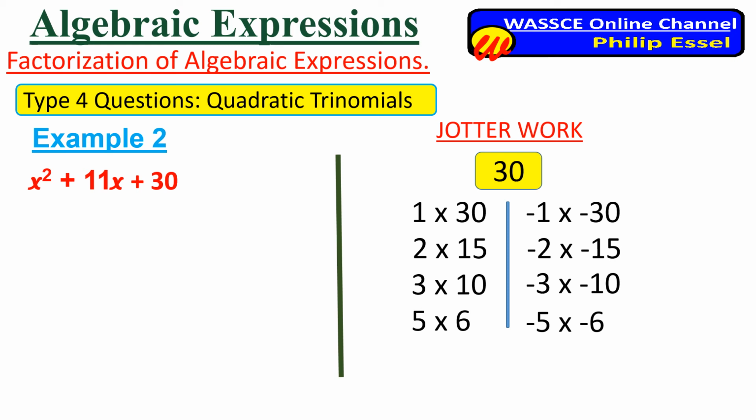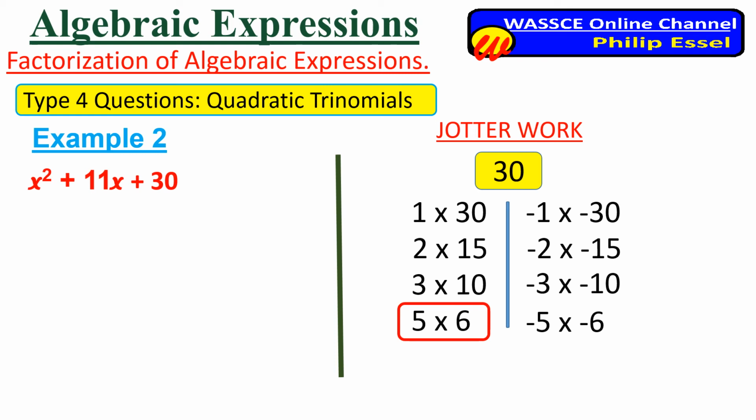Now, amongst these pairs, which of them would give us the coefficient of x when added together? The coefficient of x is 11, positive 11. So when you go through the pairs, you would realize that the pair 5 and 6 would give us positive 11 when added together.